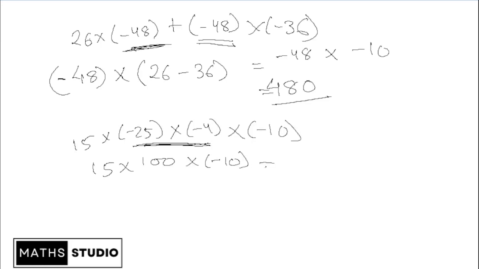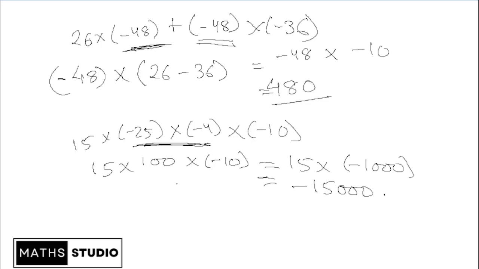Now we know again this would be 15 into minus 1000. And overall the result will be minus 15 followed by 3 zeros. Okay. So the aim was to ensure that we multiply them in such a way that our calculation is easiest of all.